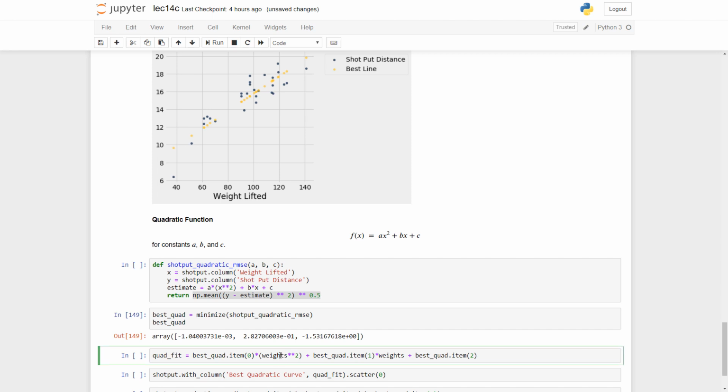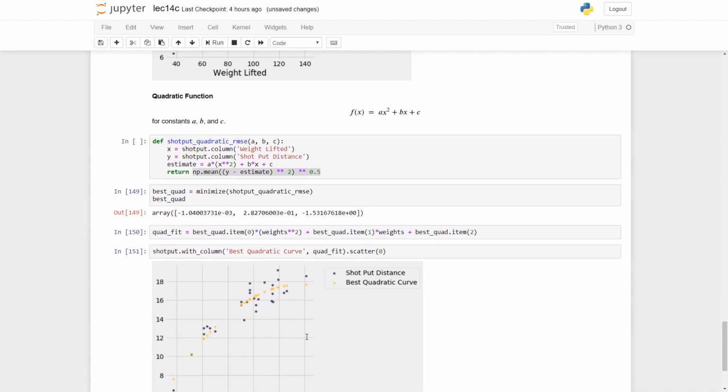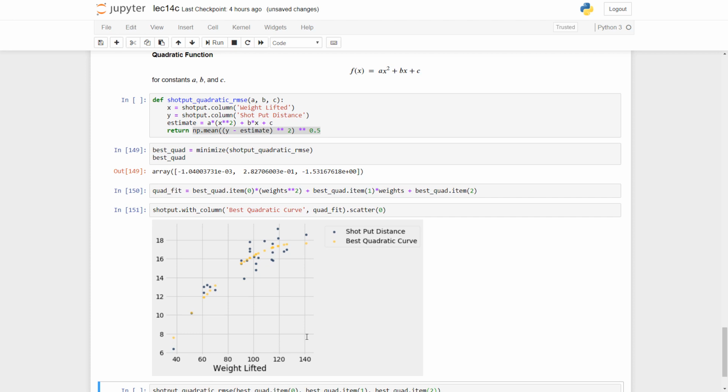Now let's do the prediction using these parameters. The prediction will be, of course, this is x, so x squared times the first value plus x times the second value plus the third value. Now we'll add that as a column to the table and plot it.